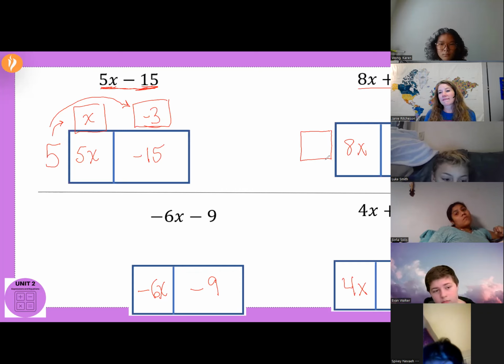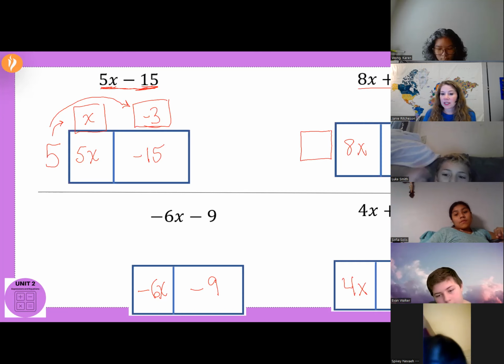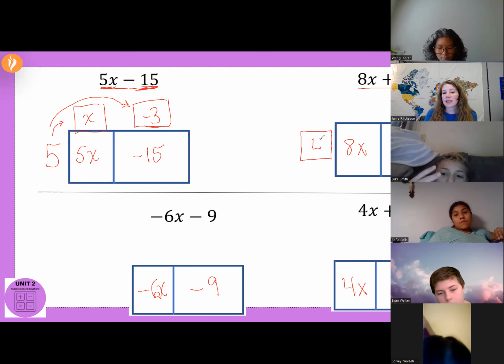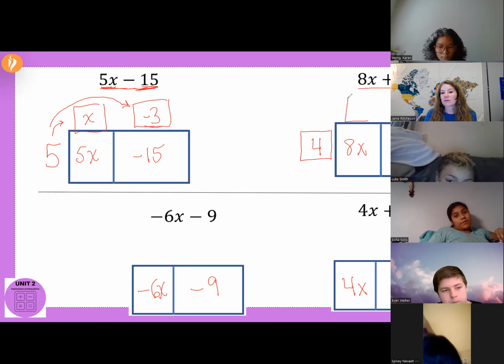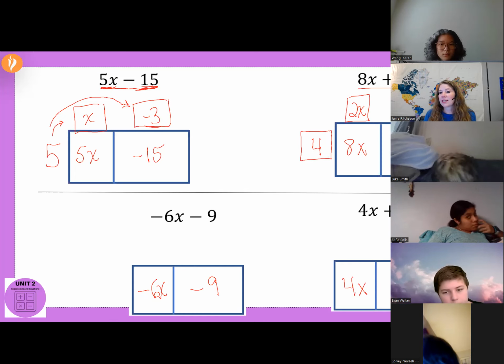Luke said 4. Karen said 4. And I agree, 4. If both of these numbers are being divided by 4, what goes here? 2x. Make sure you fix it. And what goes here? 3. Good. Y'all are getting the hang of it, right?